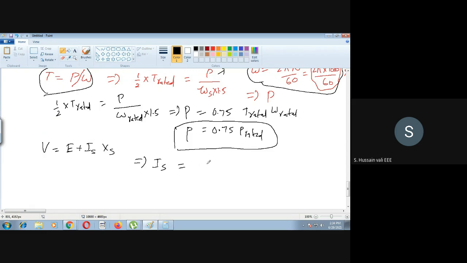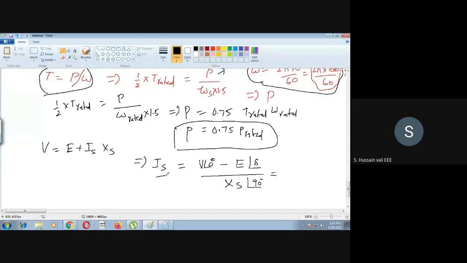We'll take it as phasors: IS is equal to V at an angle 0 minus E at an angle delta, divided by XS at an angle 90 degrees. That is just V minus E by XS, but in terms of phasors.